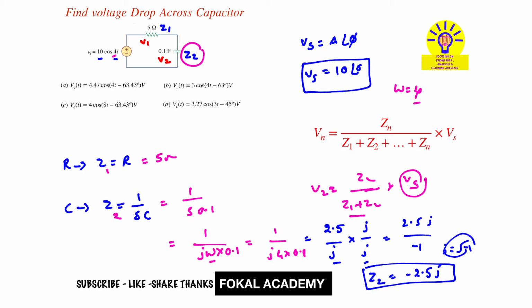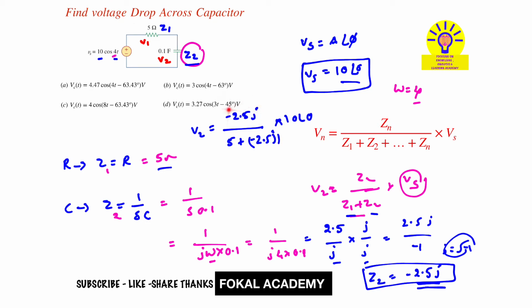Now substitute here. V2 equals, we want the voltage drop across Z2, that is minus 2.5j ohms divided by Z1 plus Z2. So Z1 is 5 ohms plus Z2 is minus 2.5j, and the source voltage is 10 with angle 0.